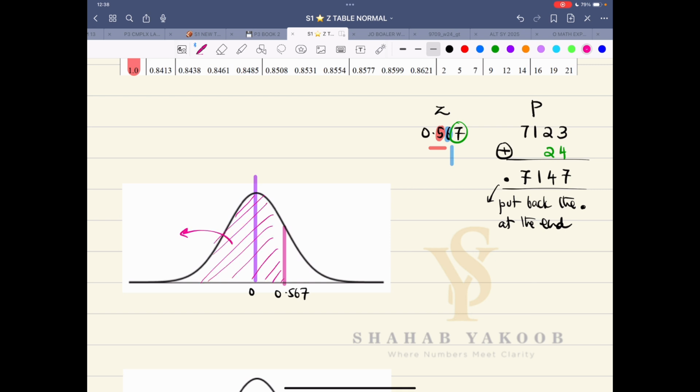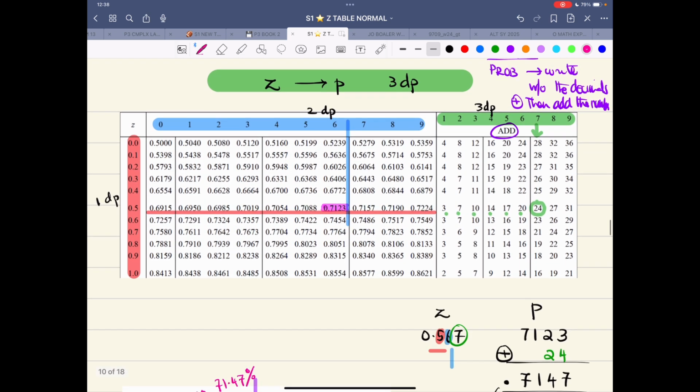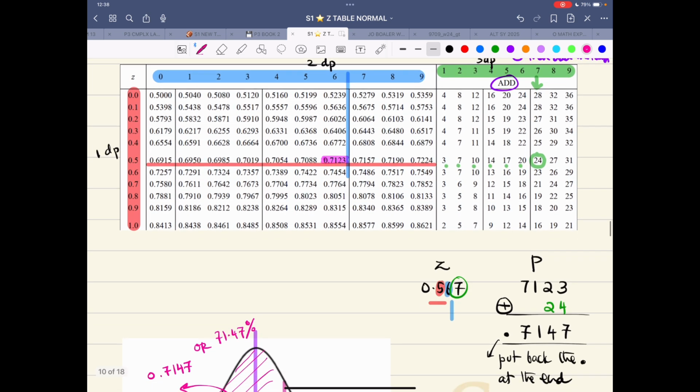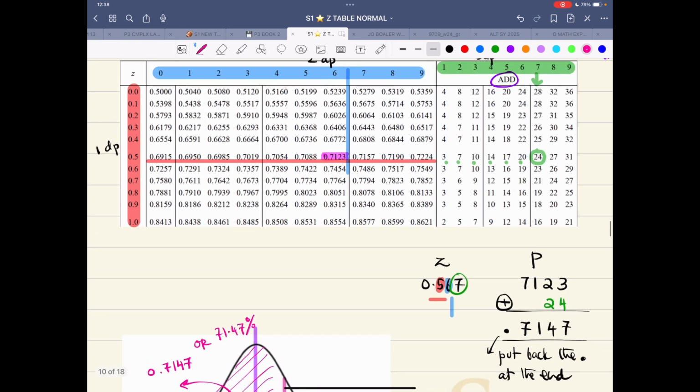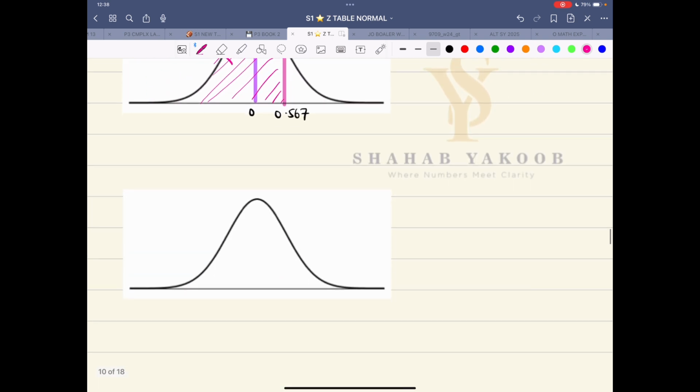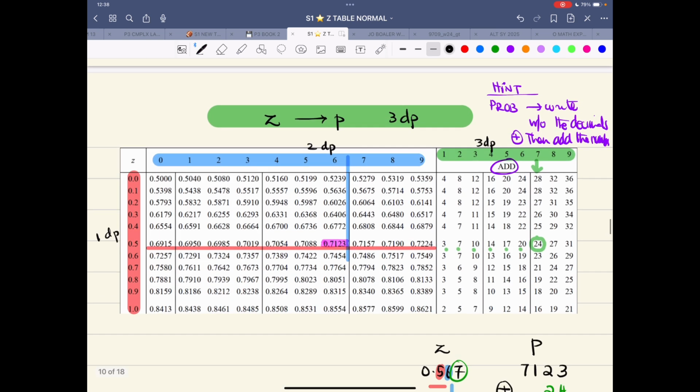And this answer is 0.7147. That is the probability, or 71.47%. That is how this is read. Very simple. Let me do another example. And this time, let me write a value, something like the Z value, the probability value, and let me choose something.